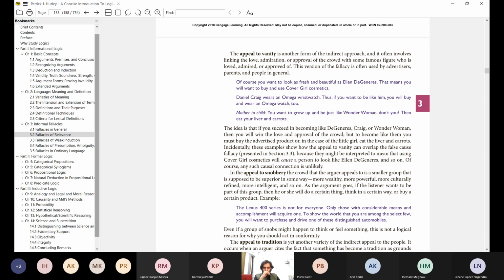Let me just turn to the textbook. What's the difference between an informal fallacy and a formal fallacy? Before we even talk about that, what does the term fallacy mean? What do you think when people talk about fallacy, fallacious?